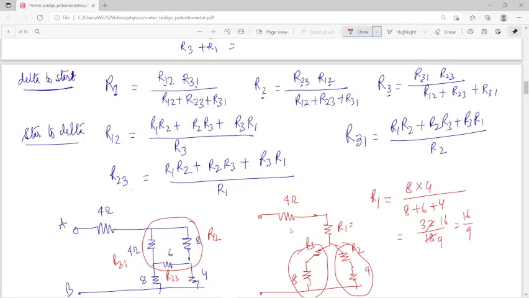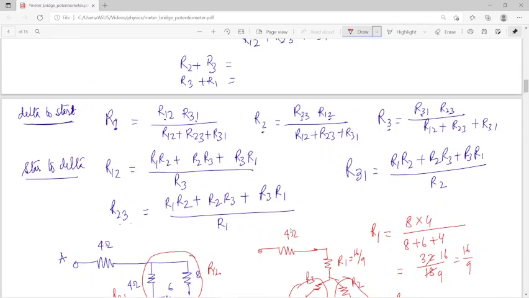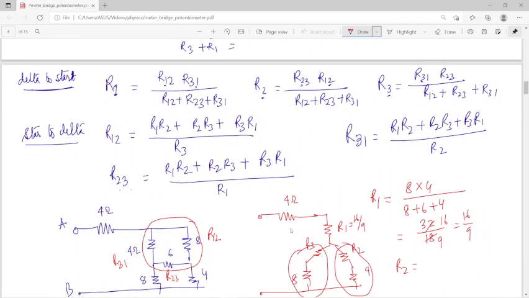So R1 is nothing but 16 by 9, we will get. Similarly we can get R2. If we want to find R2, then what is the corresponding formula? R23, that is 6, and R12, that is 8, divided by 18.